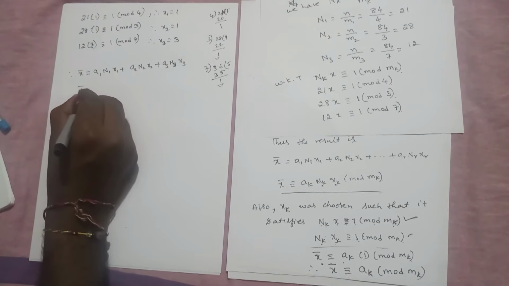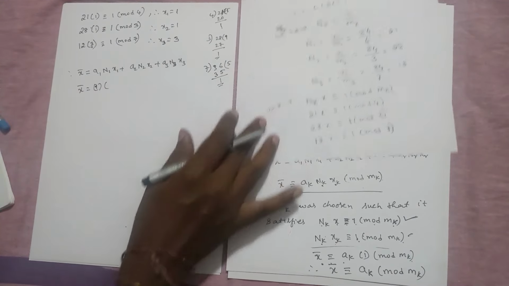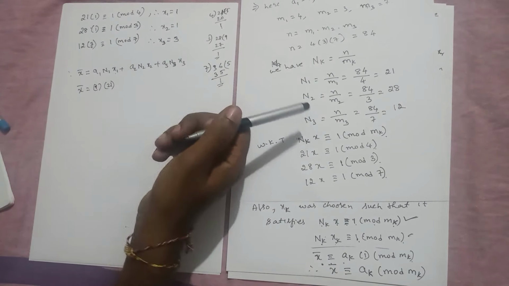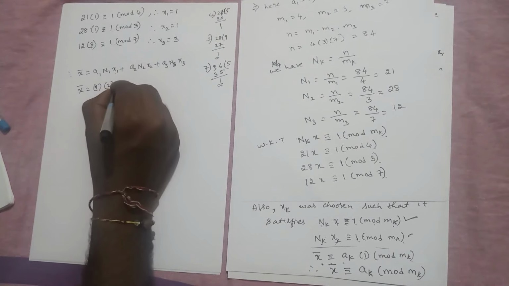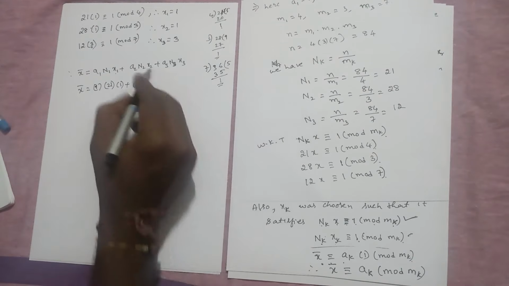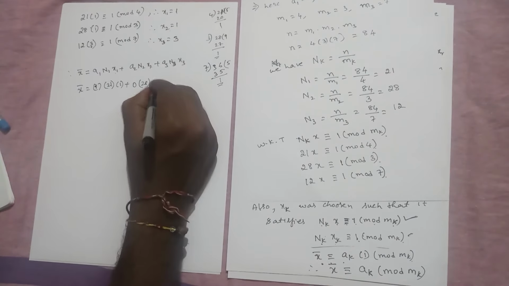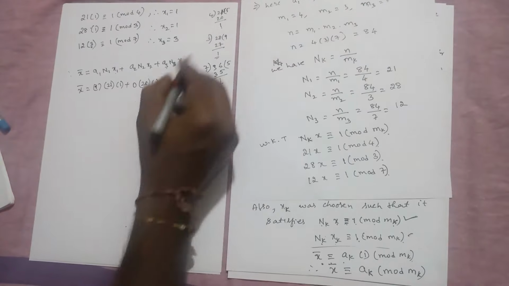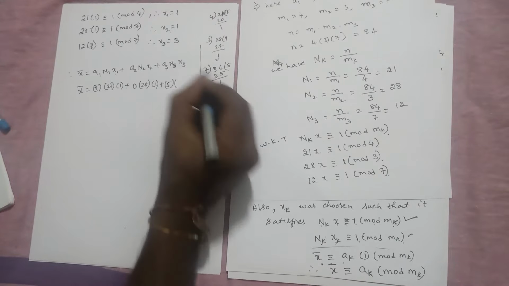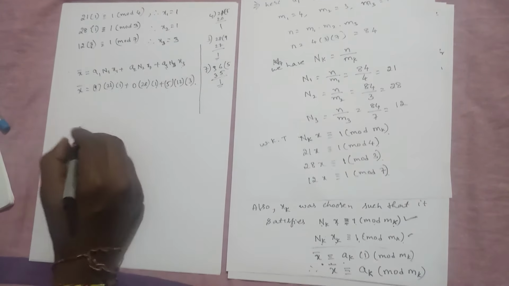So a1 is 1, n1 is 21, x1 value is 1, plus a2 value is 0, n2 value is 28 and x2 value is 1, plus a3 value is 5, n3 value is 12 and x3 value is 3.